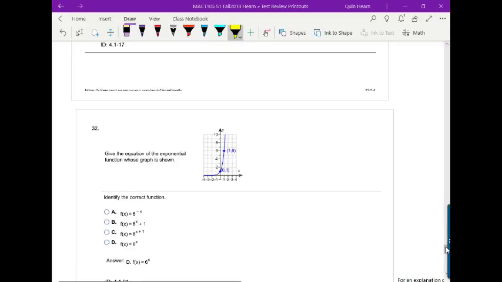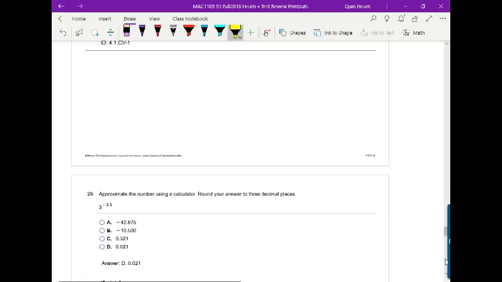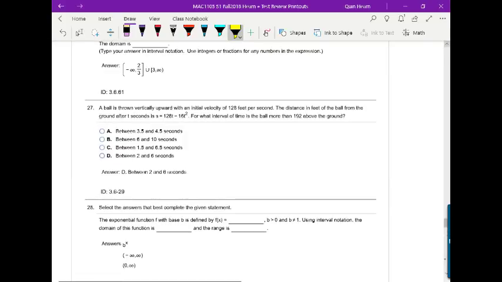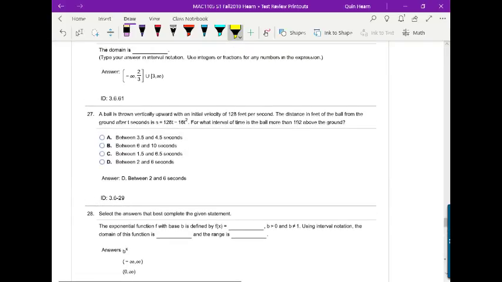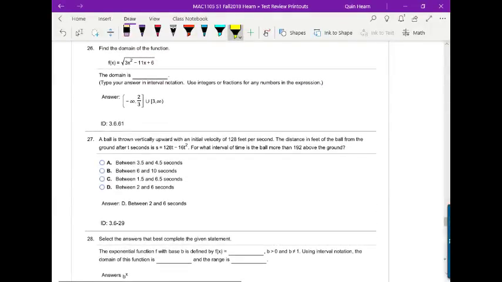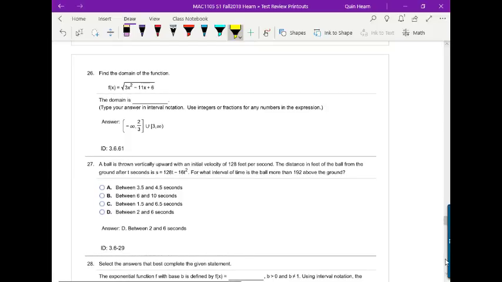All right, but now let's shift away from exponential functions, and we're going to look at a couple of other items from the review that we have not worked in class, so I want to make sure you've seen them at least once. So let me copy this guy here.